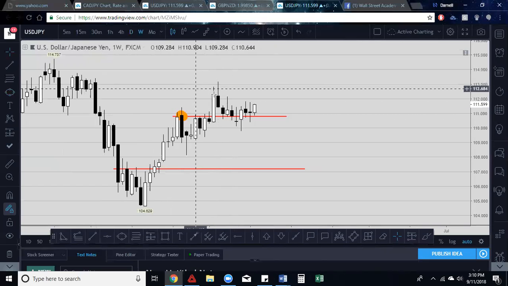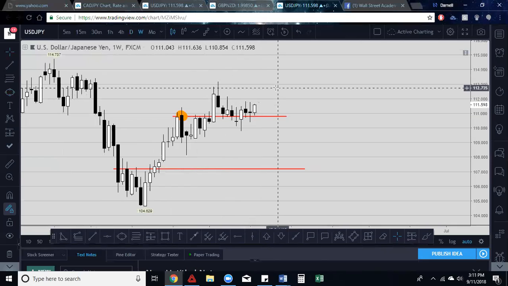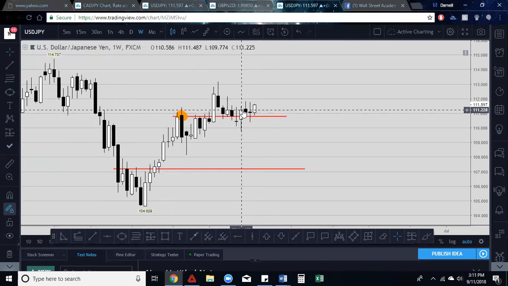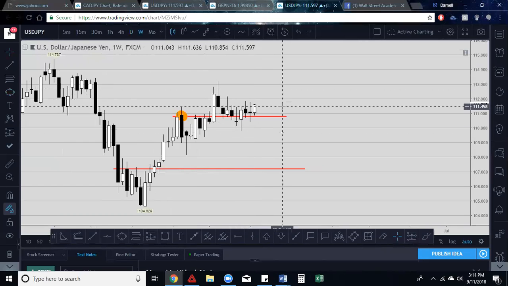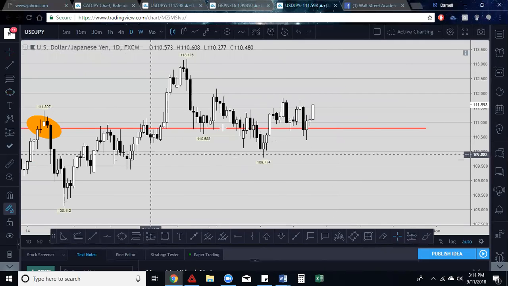And as you can see, it came back down and was sitting on this level for a couple of weeks now, I want to say 1, 2, 3, 4, 5, 6, 7, almost 2 months.